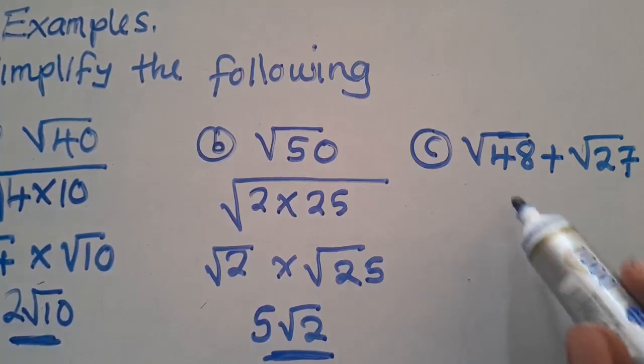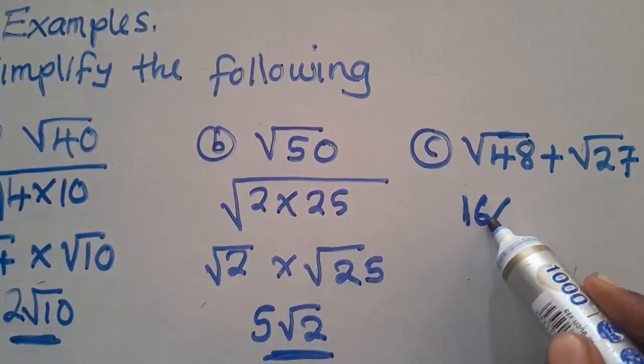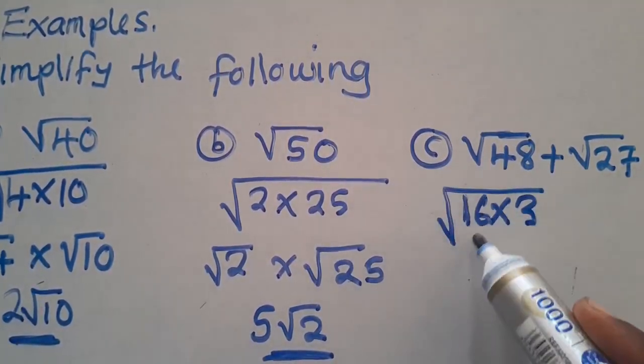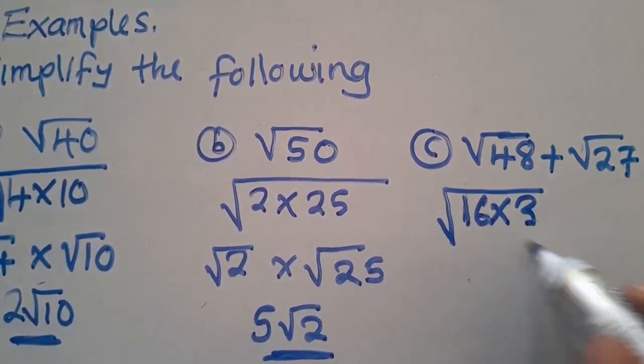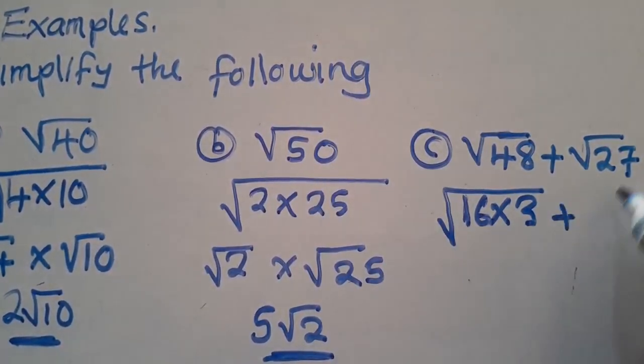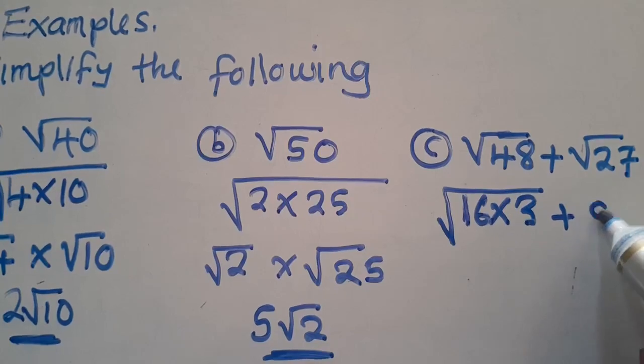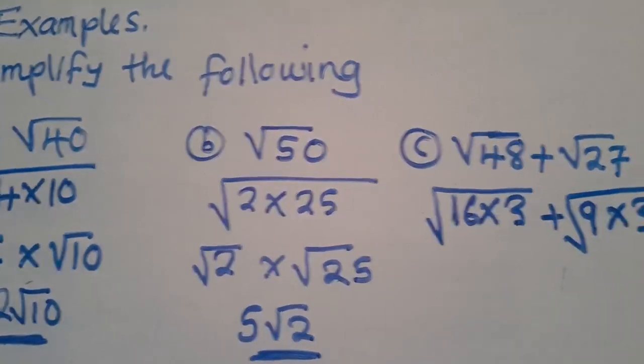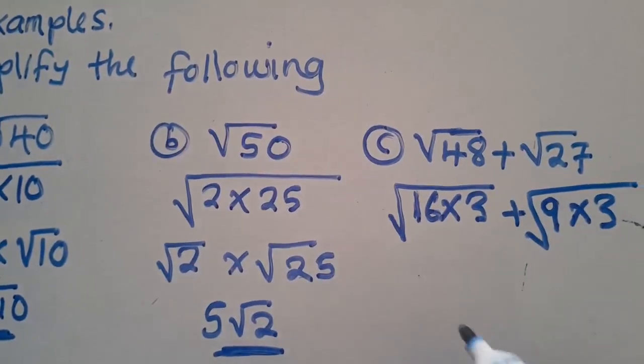So let's say 16 times 3. I do this, then I just do this. I know that I can find the square root of 16. Plus 27, it is what? 9 times 3. I do this. Have you seen the same way I'm doing them? That's how you need to be doing them.